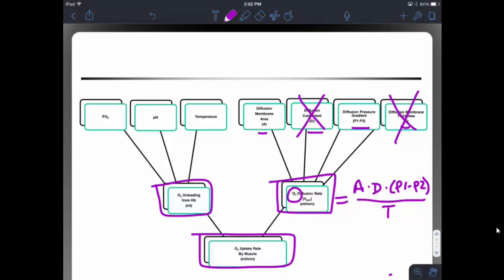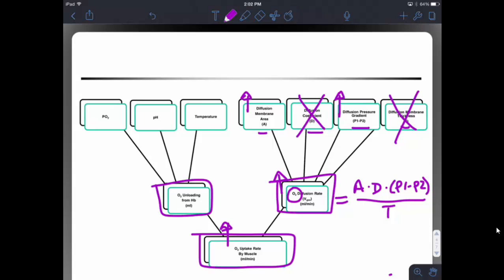The capillary wall is 1 cell thick. We can't get any thinner than that. Therefore, increases in diffusion rate with training are due to increases in diffusion area and a greater diffusion gradient.